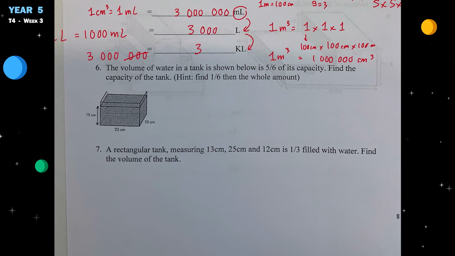Okay, well, let's find the volume of the water. We're given all of the dimensions of the water. We've got 15, 22 and 10.